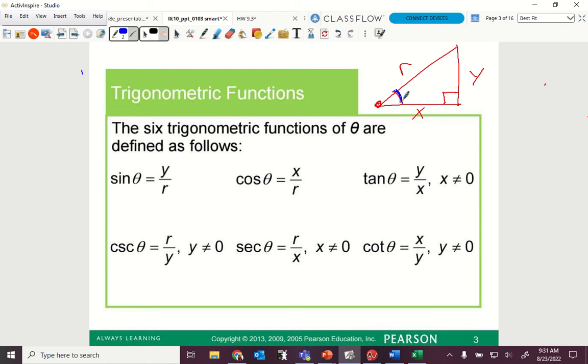So the reciprocal identity for sine is cosecant. I take my sine and do what? Flip it over. So instead of y over r, it's now r over y. And why can y not be 0?